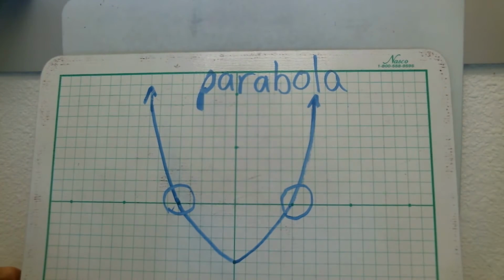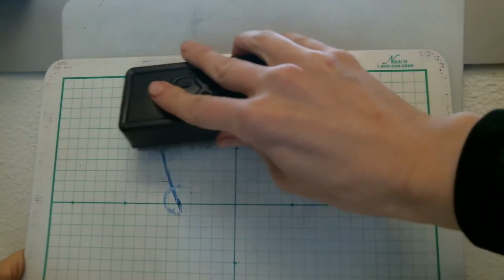Now, as you take further math classes, you will learn other ways to describe these graphs, these parabolas. You will also learn other ways besides the formula to find the x-intercepts. However, today we're just going to be working with the quadratic formula.